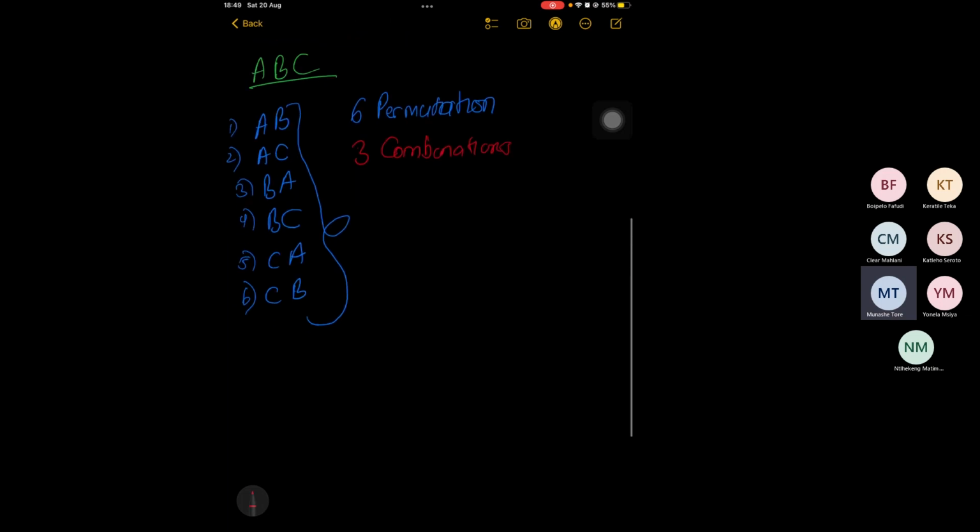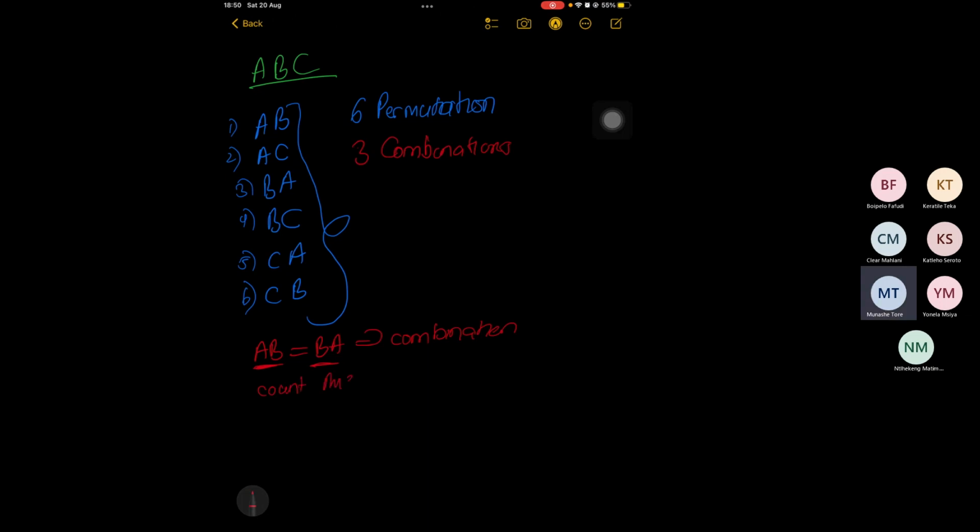But with combinations, AB is the same as BA. Why? Because we said order doesn't matter. So the moment you say order doesn't matter, AB is literally the same as BA, and you count it once.